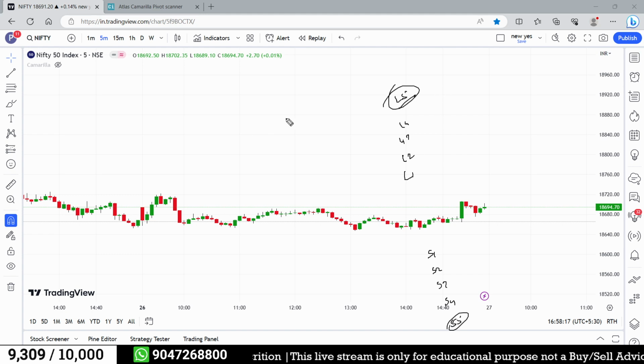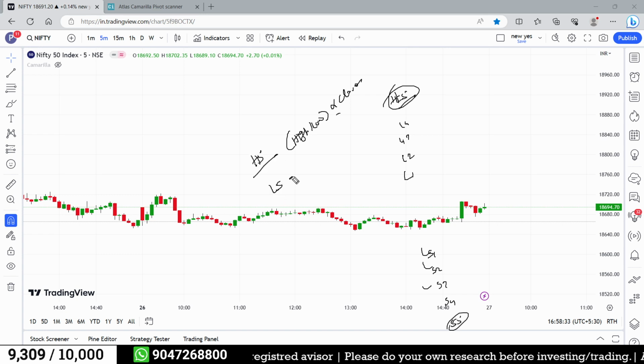These are all the H levels, and the bottom ones are L. High divided by low, multiplied by close, that is called H5 and L5. So how can we create that? Close minus H5, minus close. This will help us get L5.